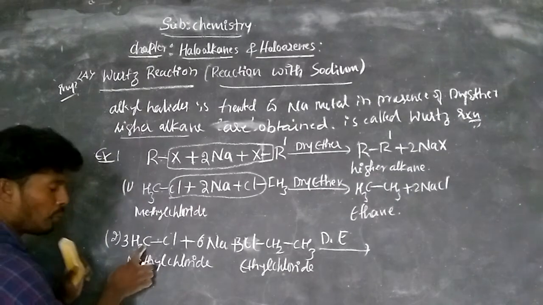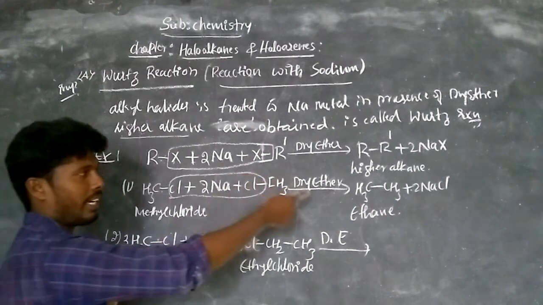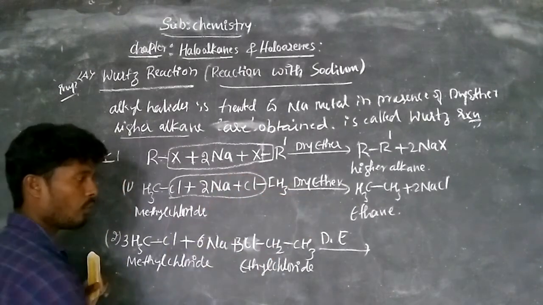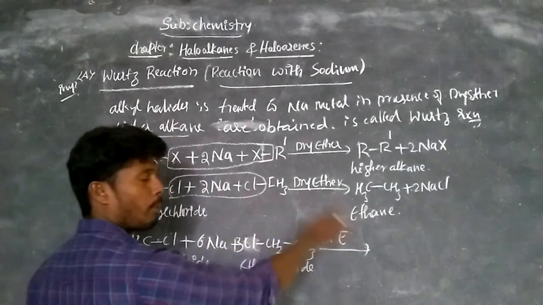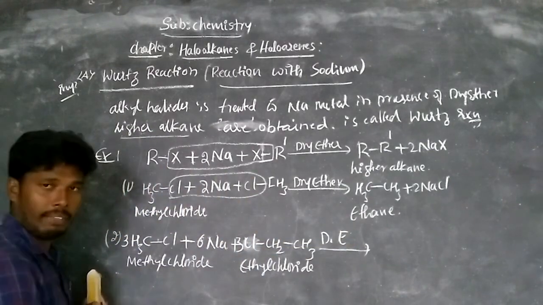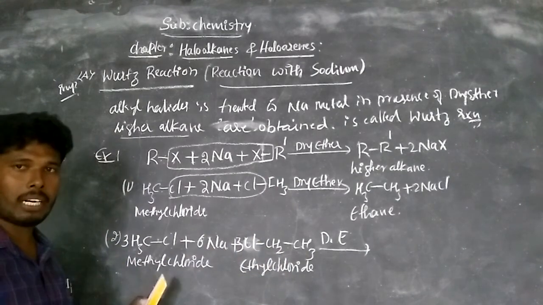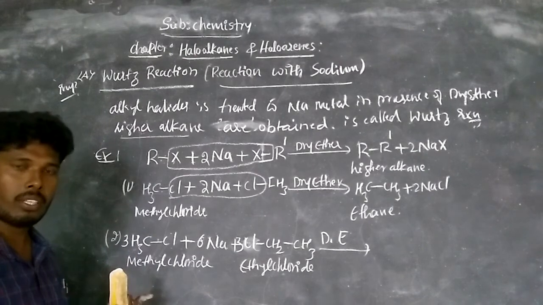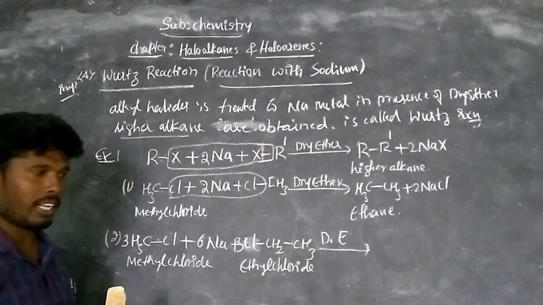Because if 2 equivalents of methyl chloride react, you get ethane. If 2 equivalents of ethyl chloride react, you get butane. If 1 equivalent of ethyl chloride and 1 equivalent of methyl chloride react together, you get propane. That is what we are studying here.